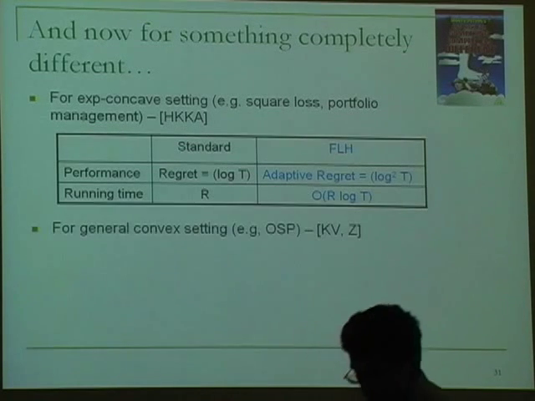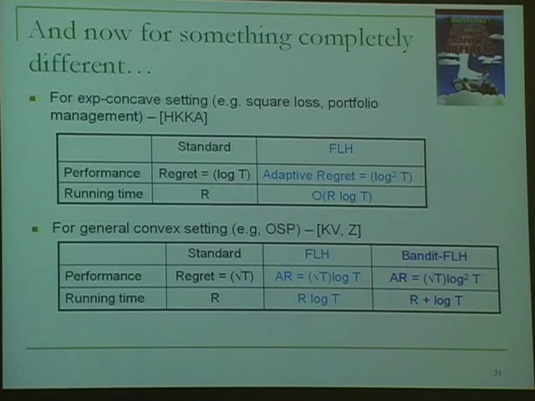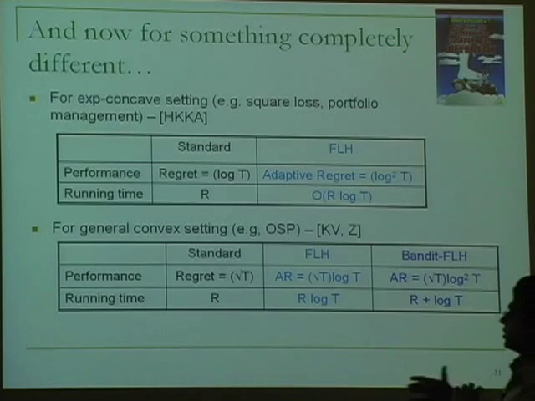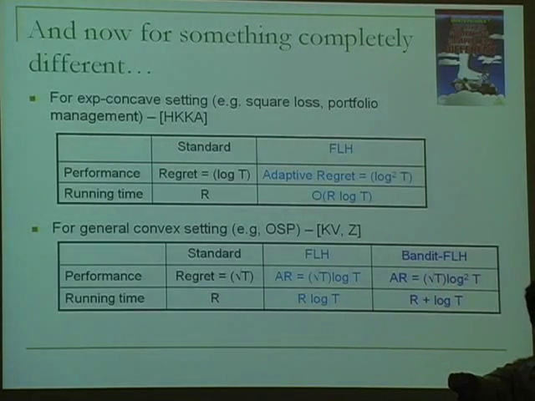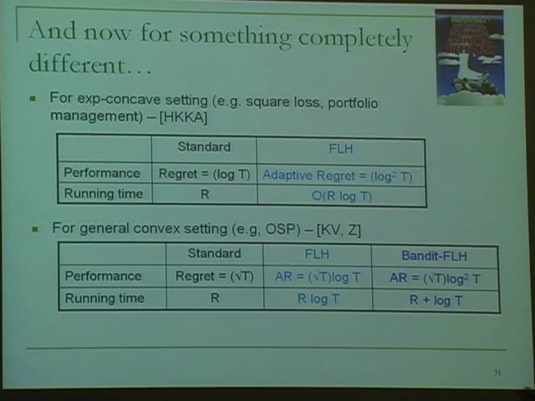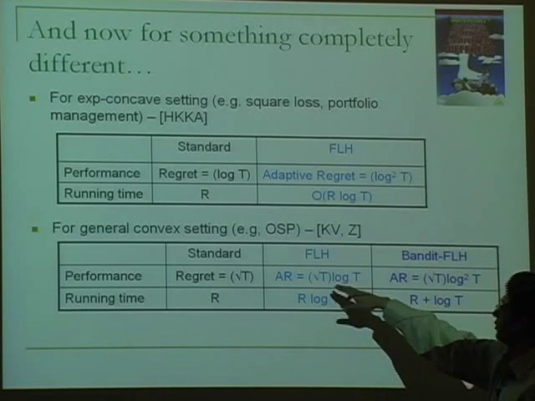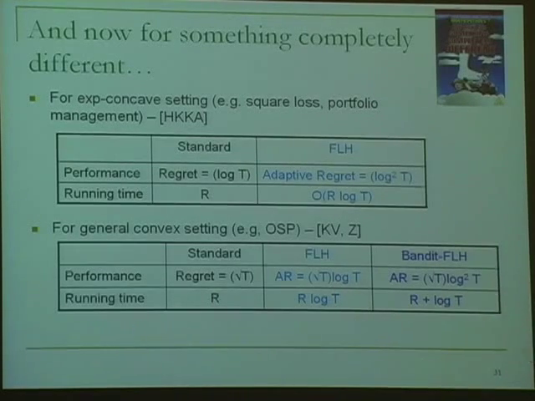And for the general convex settings, think online shortest paths. For online shortest paths, there are algorithms whose running time is R, where R is basically the time to compute a shortest path in each round, and the regret is root t. We can get an adaptive regret of root t log t, and we pay a log t in the running time as well.